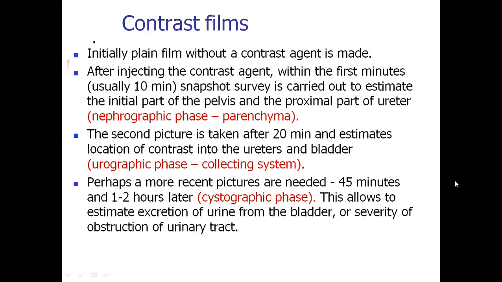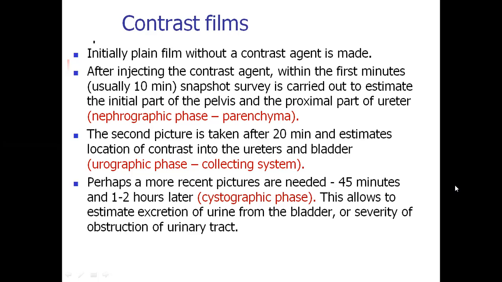It's the so-called nephrographic phase, which shows us the status of renal parenchyma. The second picture is taken 20 minutes after injection of contrast media, and estimates location of contrast in the ureters and the bladder. It's the so-called urographic phase, or imaging of the collecting system.